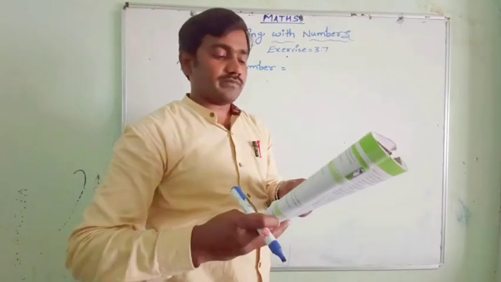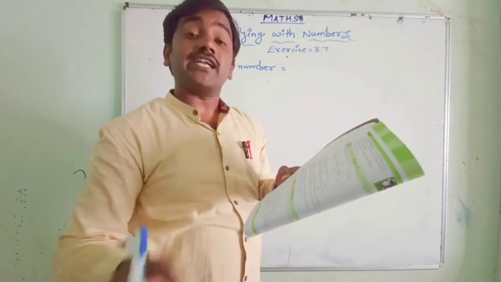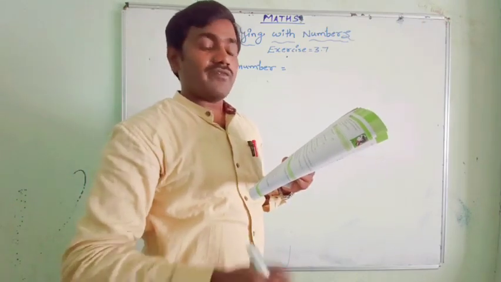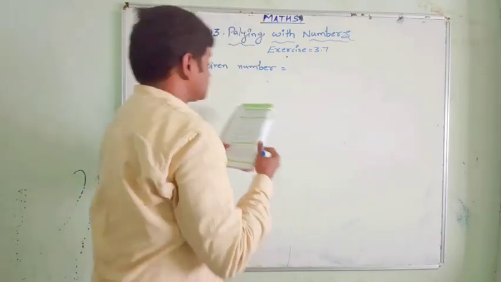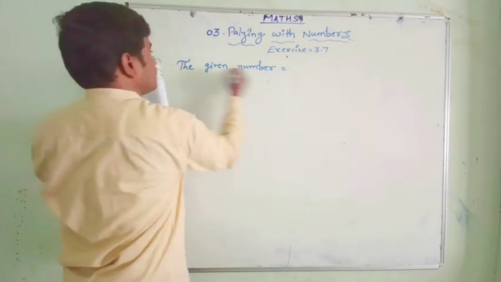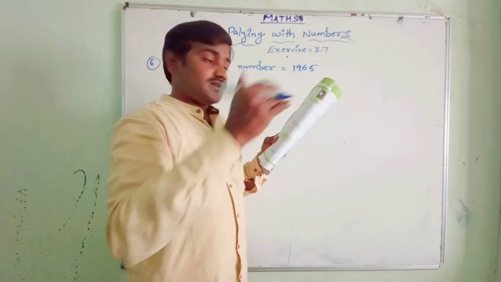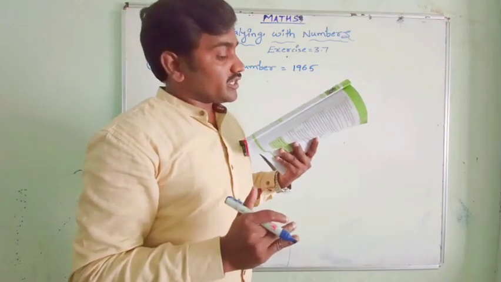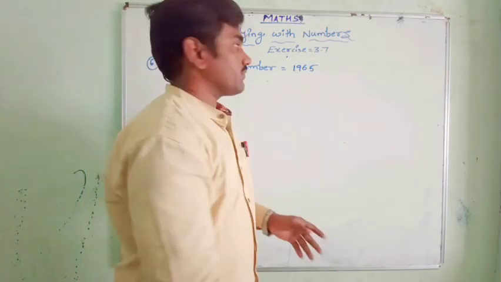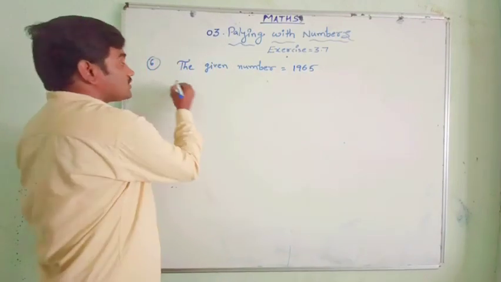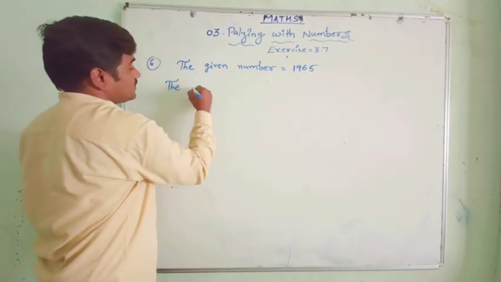Sixth question. Find the smallest number that can be subtracted from 1965 so that it becomes divisible by 4. So divisibility by 4 depends on the last 2 digits.